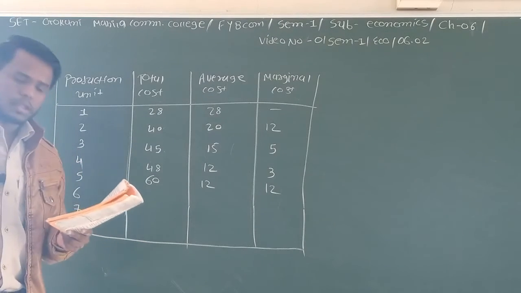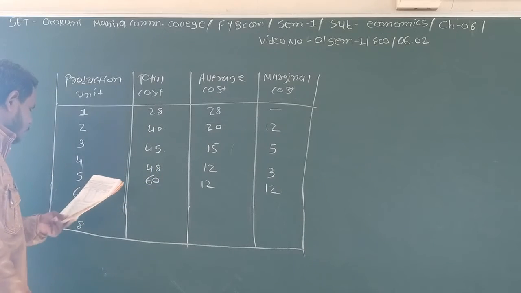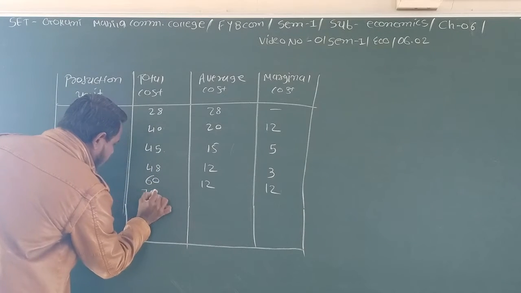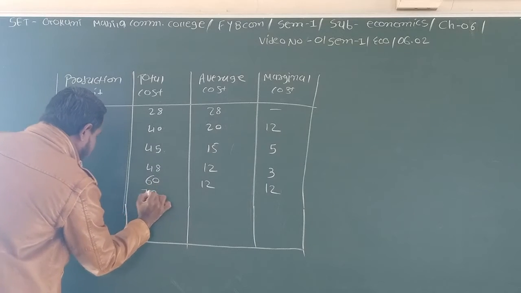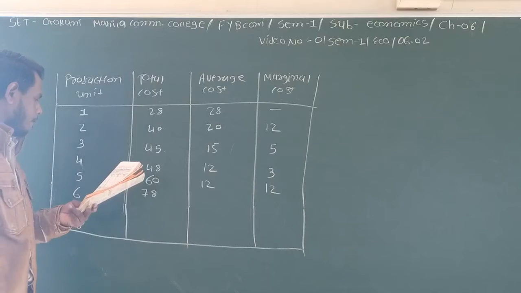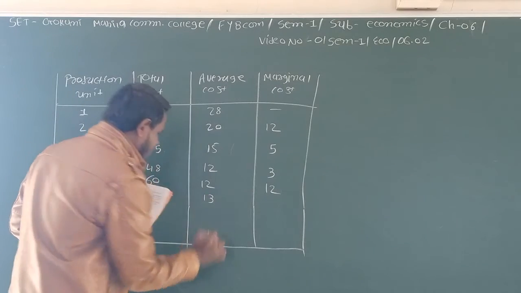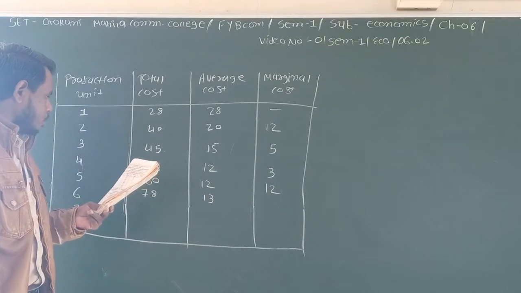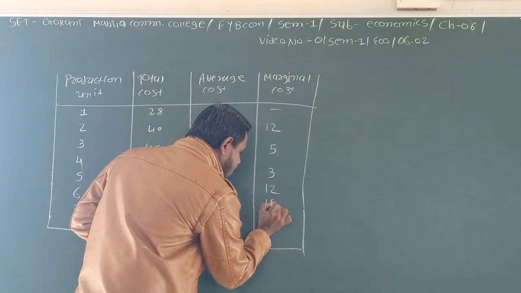Let's complete this box. In the 6th you will have 78, so 78 divided by 6, that is 30, and 78 minus 60, that is 80.